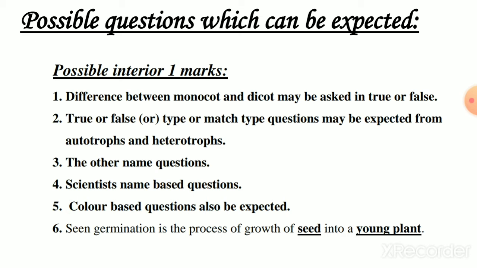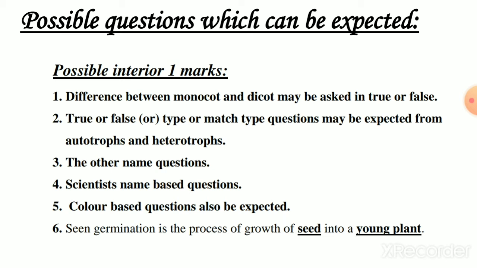And other-name questions, for example, the other name for chlorophyll, chloroplast, or the color of chloroplast, chromoplast, leucoplast. They can also ask scientist names: who found the light reaction, who found the dark reaction, and who found the chloroplast. Like that you have to split up the question format.